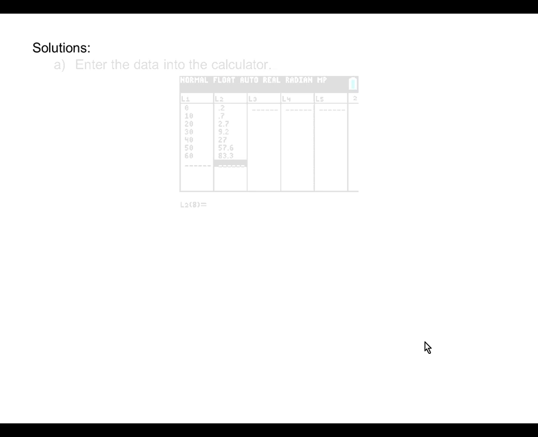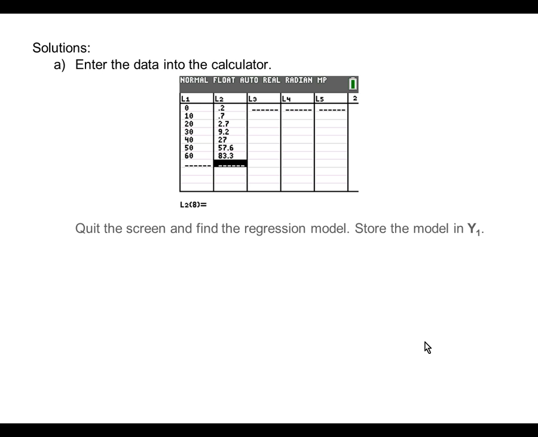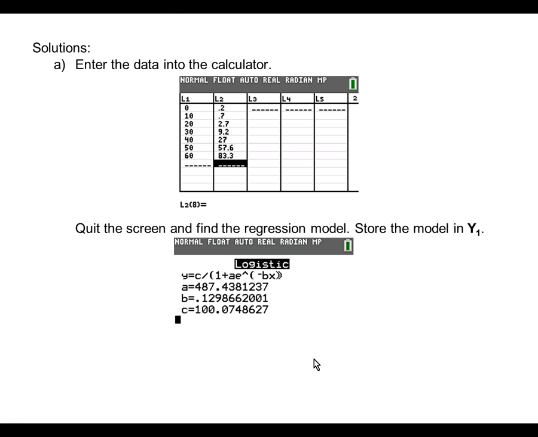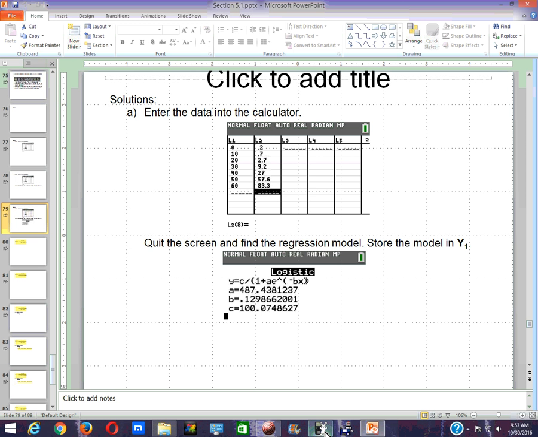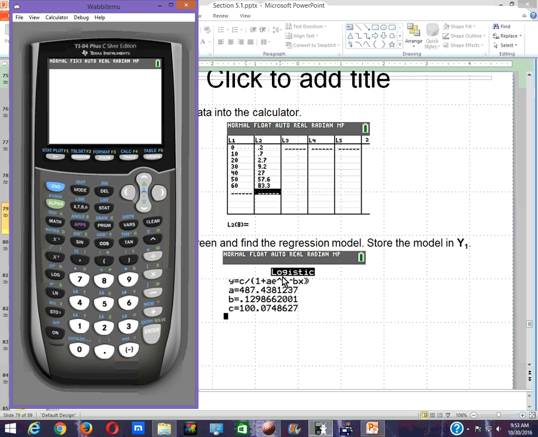Now I've got my data in, and then we're going to store the model into Y1. Because in this calculator I'm rounding, the values are going to be already rounded for me. So stat calc.